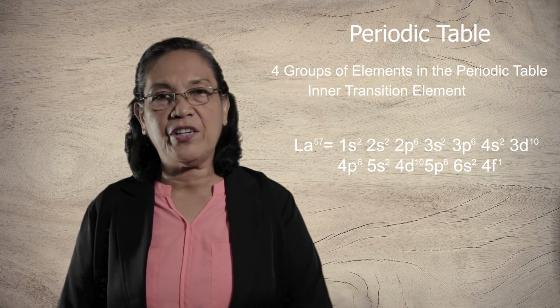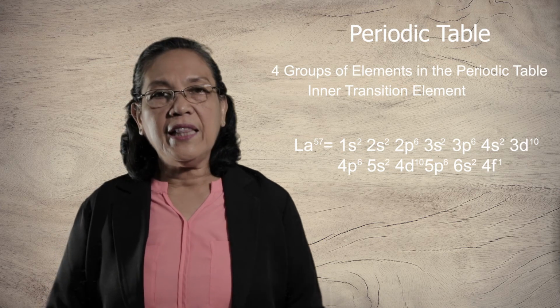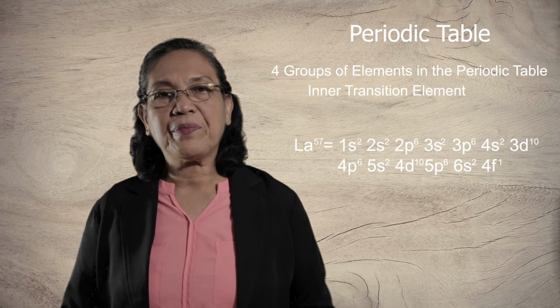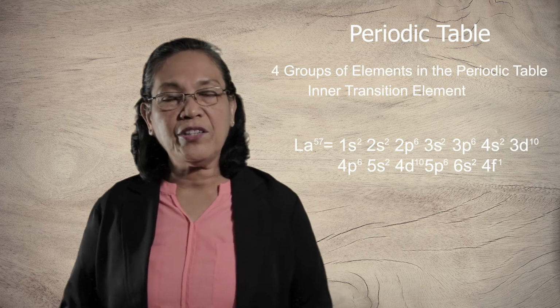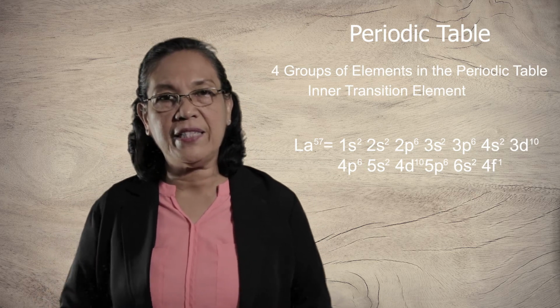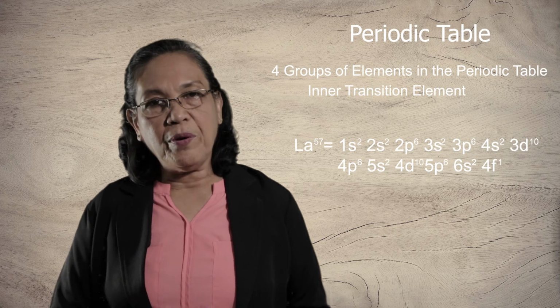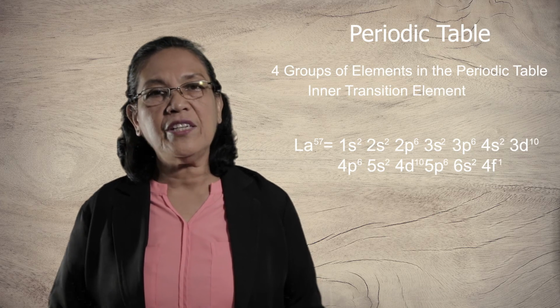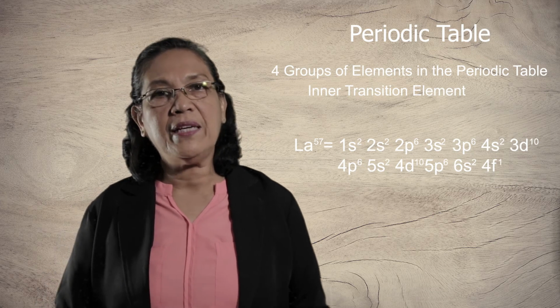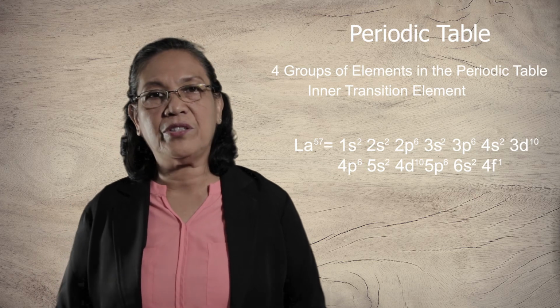In the 6th energy level, there are only 2 electrons of lanthanum occupying this energy level, but supposedly there must be 72 electrons.